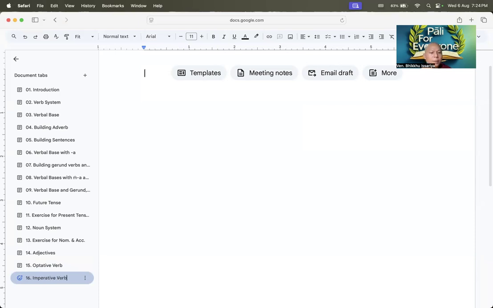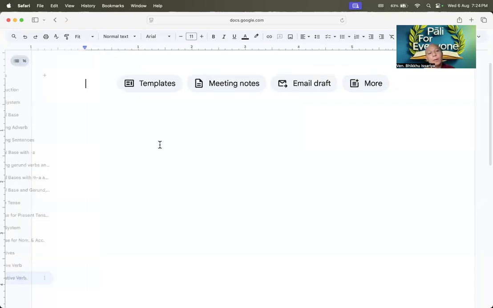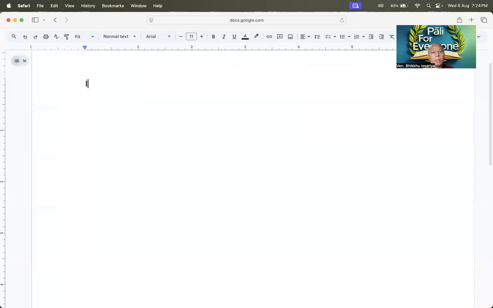Okay. So the imperative verb is also mostly the same as the present tense, but the meaning is different.